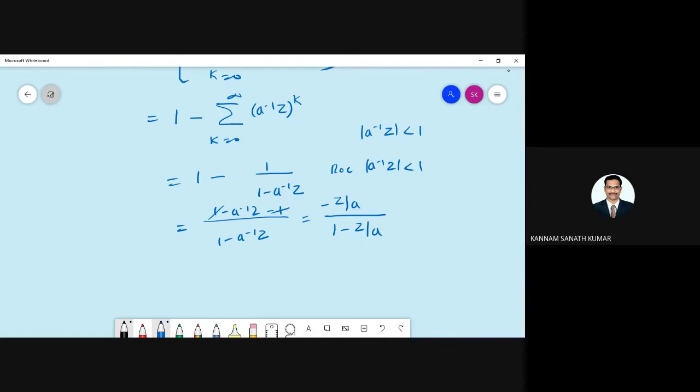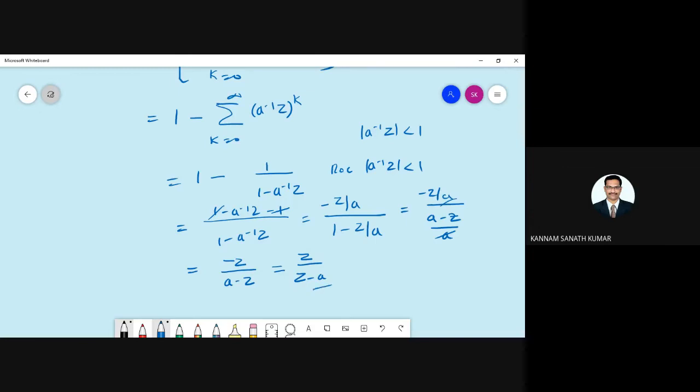So this is equal to minus z by a divided by a minus z by a. Okay, a gets cancelled. So what you are getting? This is equal to minus z by a minus z. So if you write in proper order, z by z minus a.